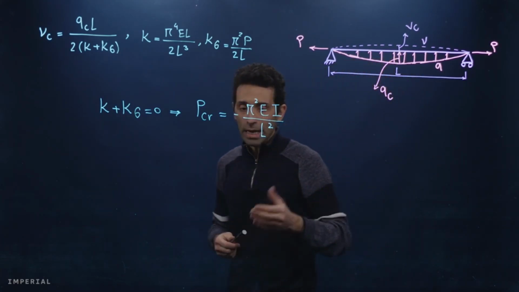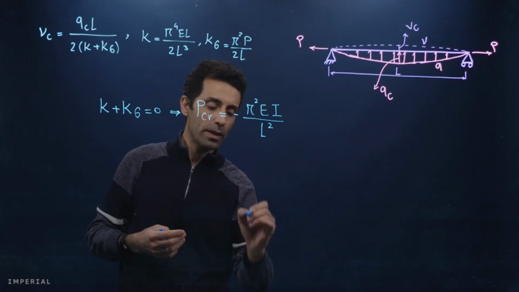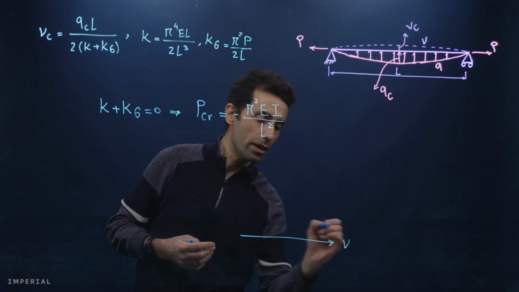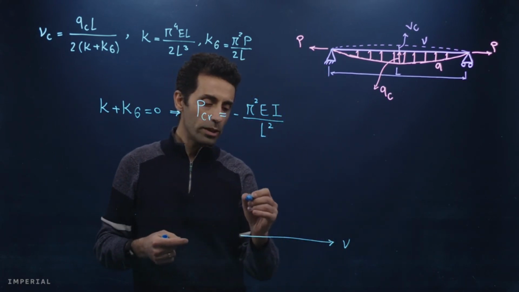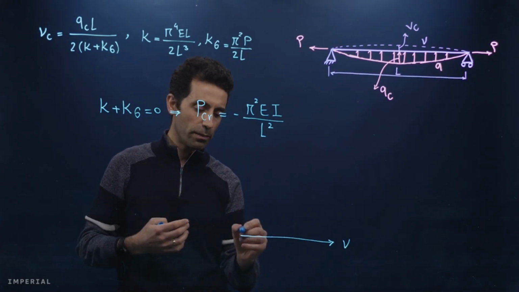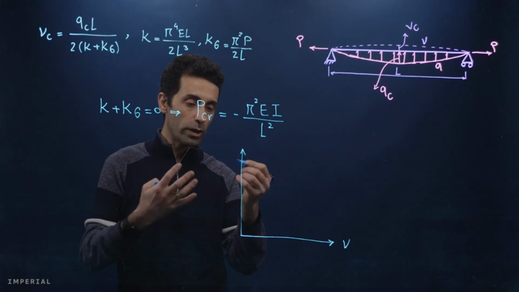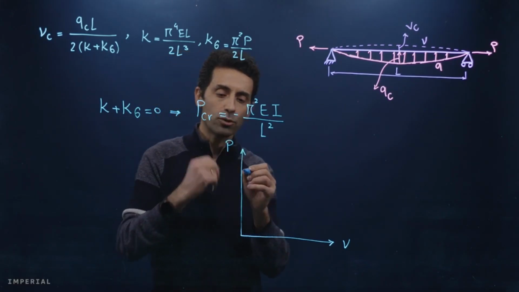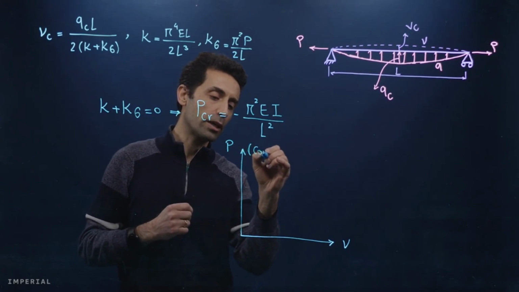So we can actually plot the deflection, which is V, versus that axial force. So here, just to help us with showing the relationship between these two, I'm showing P here, but imagine this is P in compression, okay?